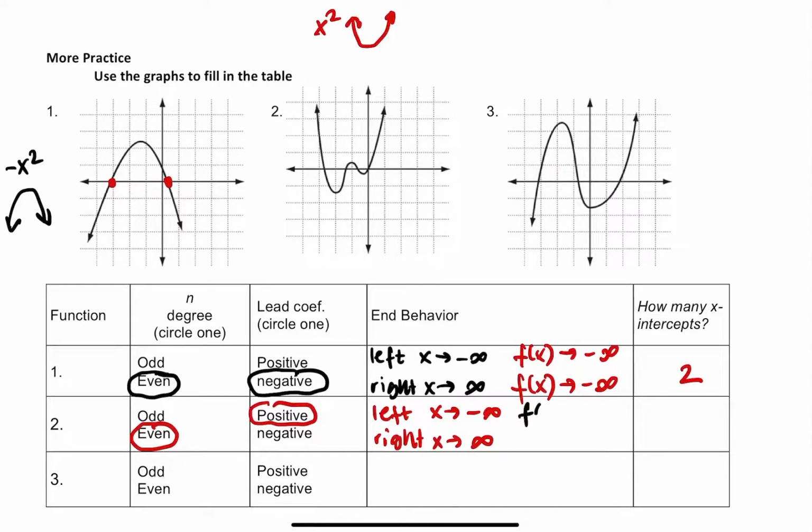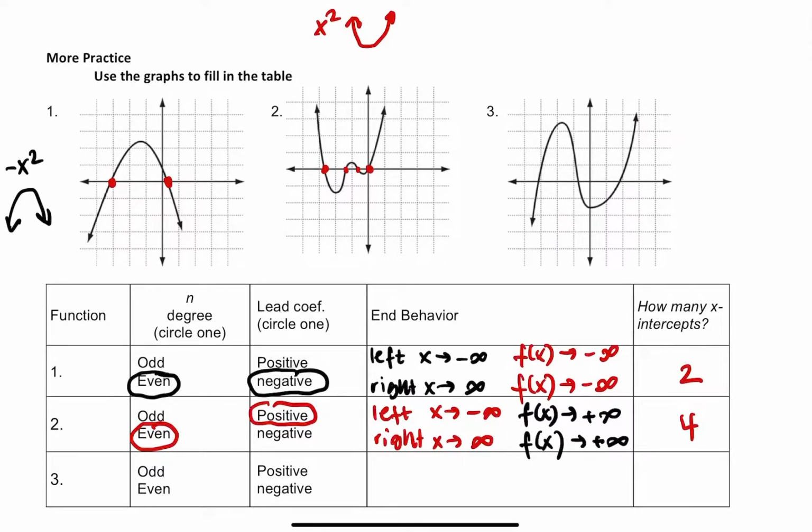Now, the value of the function: this function is facing up at both ends, so it means we're going to really big positive numbers. So on both sides, we're going to positive infinity. Then, how many intercepts are there? We can count 1, 2, 3, 4 intercepts.